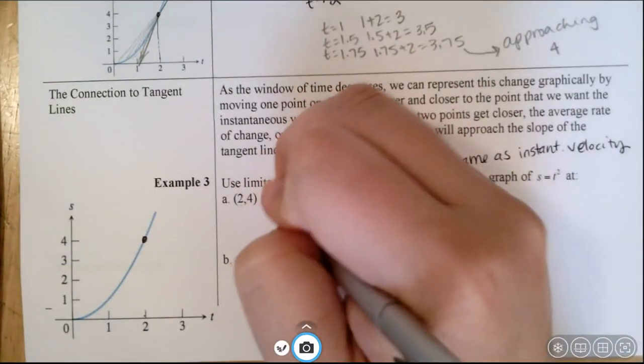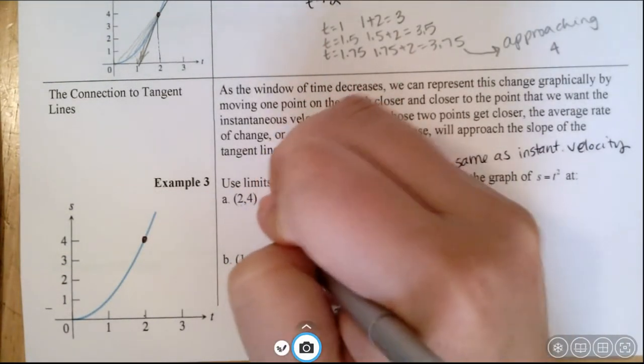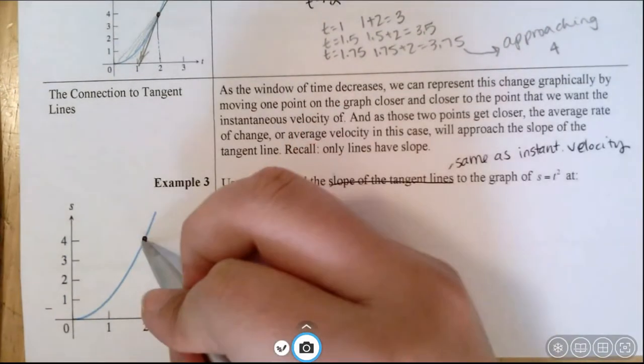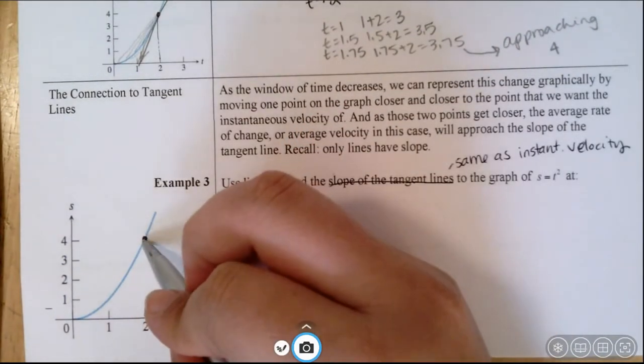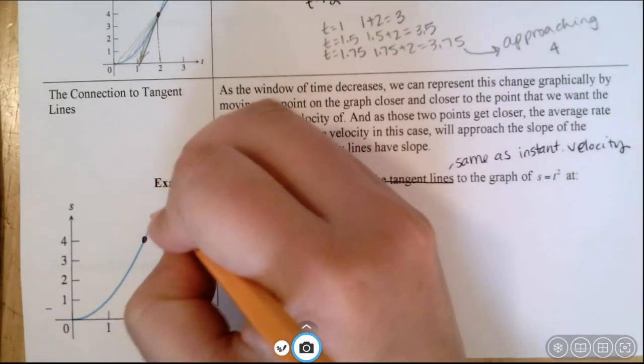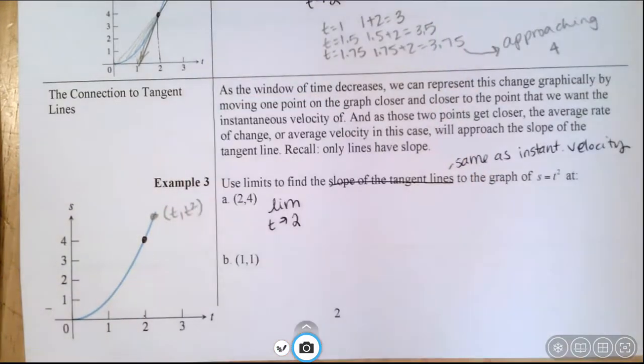We need to find the limit as t approaches 2 of the distance between this point and any arbitrary point on this graph, t squared.